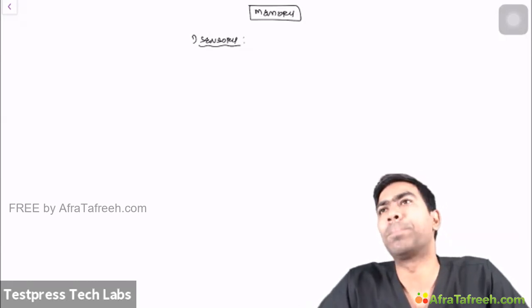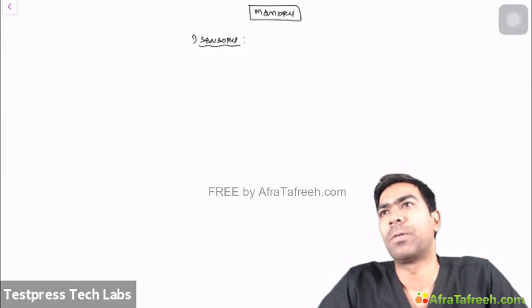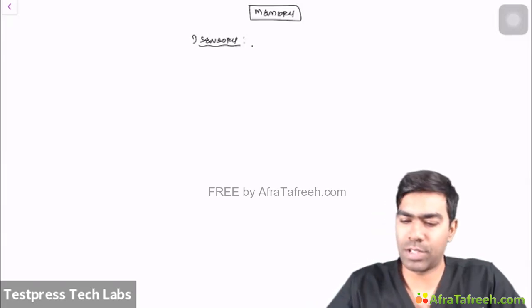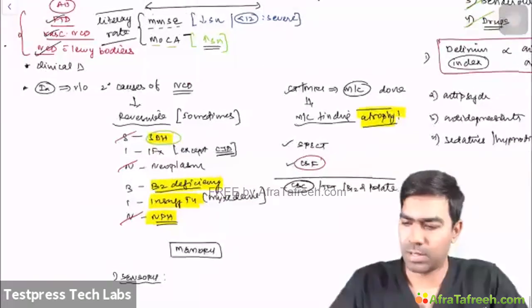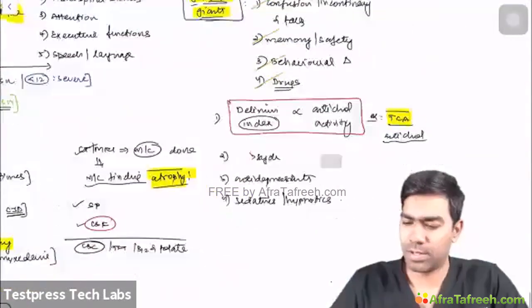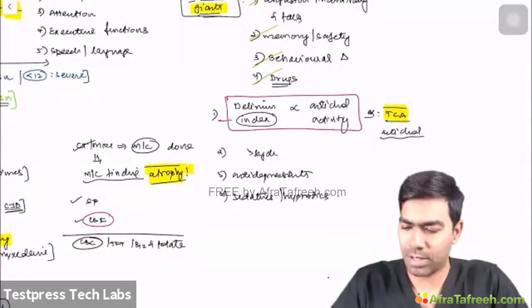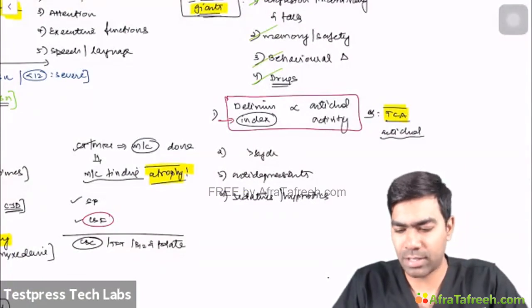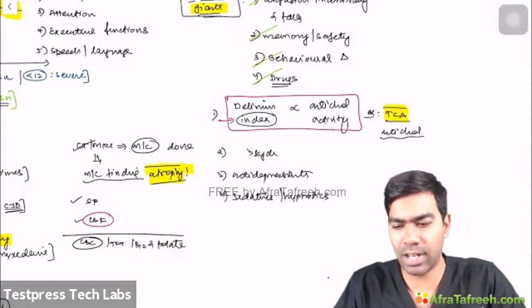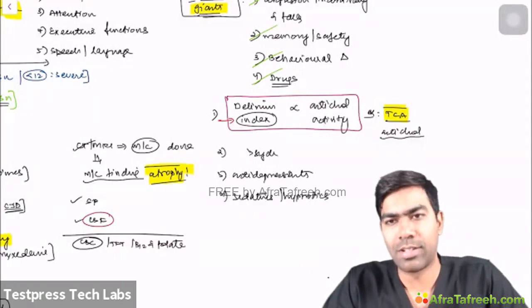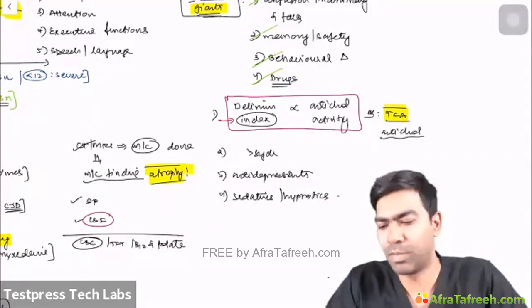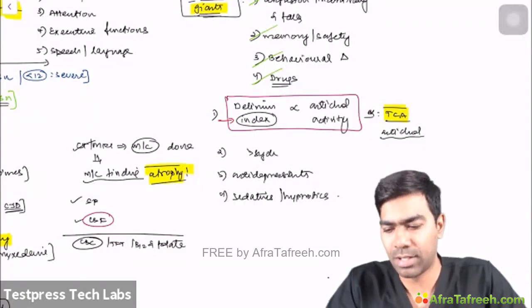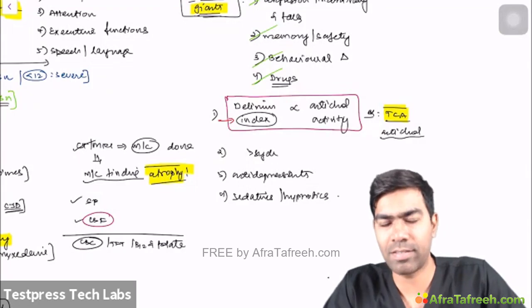But can you tell, beforehand, if you see the previous entity here, first I've written something here. I've written one thing here instead of index, then I've rubbed it off, then I've written delirium index. What is the thing that I've rubbed? Before writing that index, I've written something and rubbed it off, and I've written index and circled it.